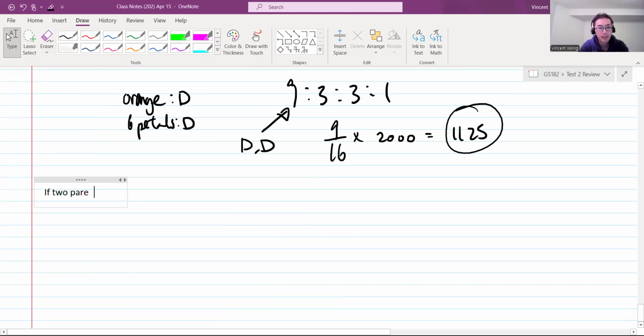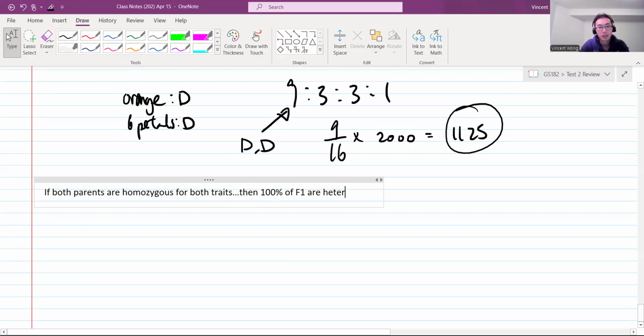If both parents are homozygous for both traits, then 100% of F1 are heterozygous for both genes, like in this case, color and petals.